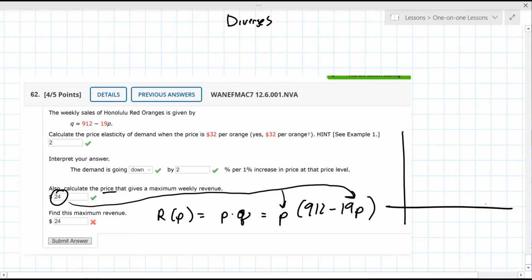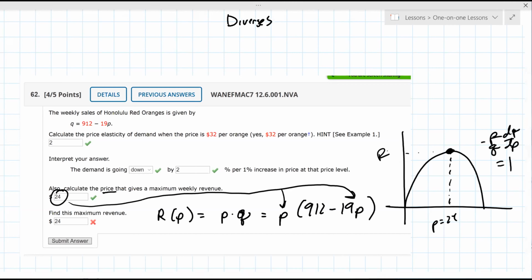So what you found is the place on this curve where minus p over q, dq dp, equals 1. That's right there, and you found that price, but you need the revenue. So would that be like a bigger number? Yeah, it's pretty big. 10,944. Yeah.